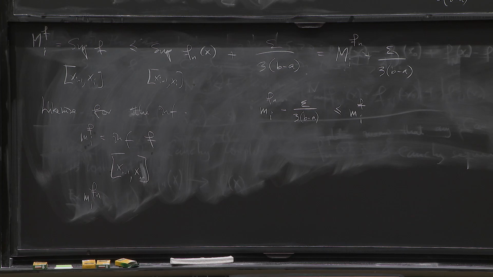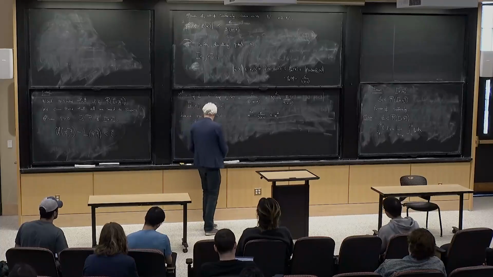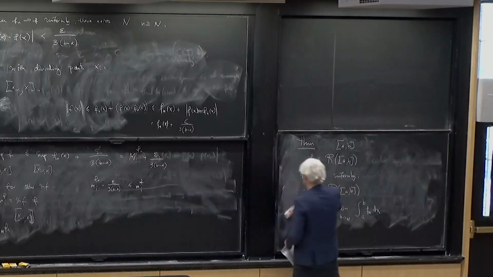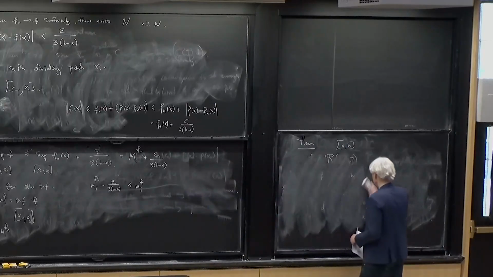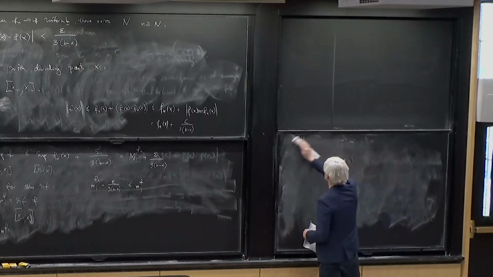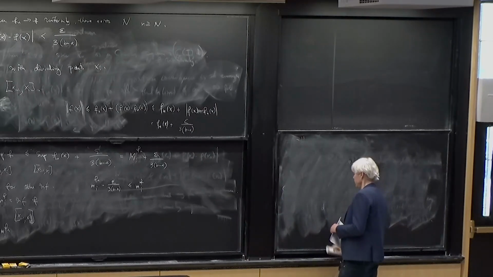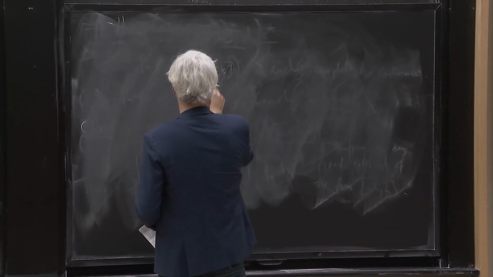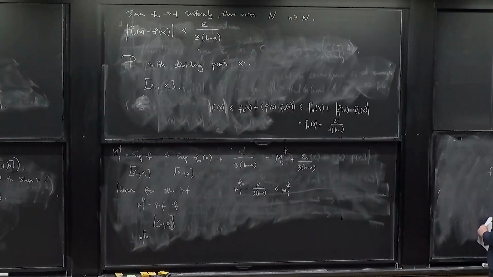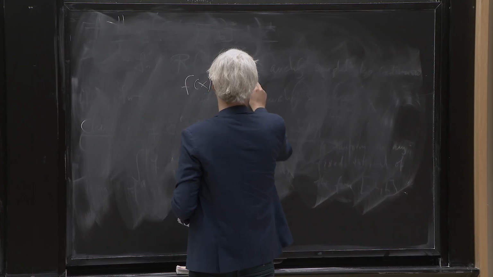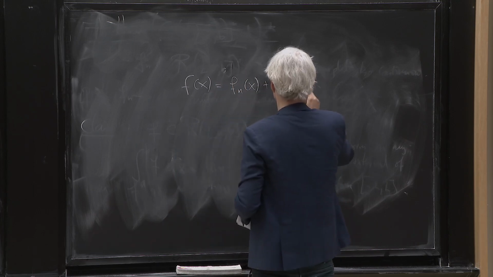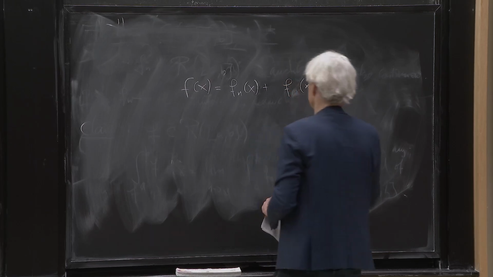It's the same sort of thing. Maybe I shouldn't erase this one. You have f of x equal to fn of x plus f of x minus fn of x. Right, so you have obviously this.